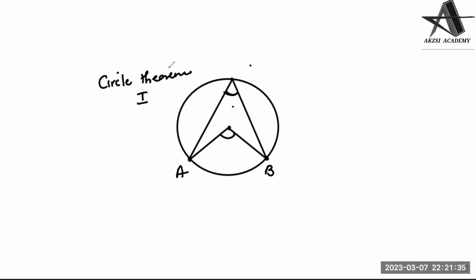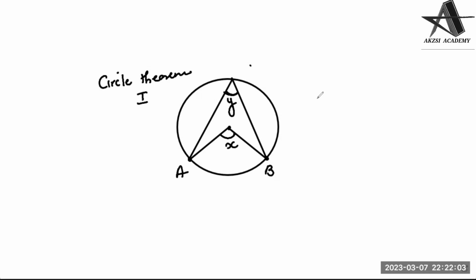First circle theorem says that an arc that subtends angle at the circumference and at the center, they share a relationship. And it says that the angle subtended by the arc at the center is twice the angle subtended at the circumference. Say for example, x is the angle subtended at the center and y is the angle subtended at the circumference.